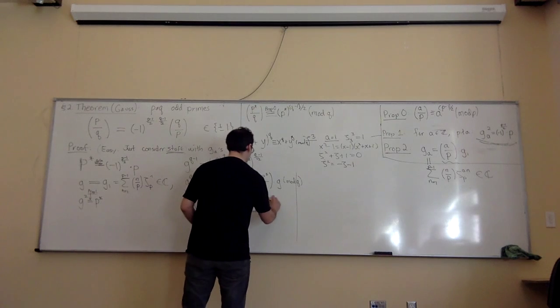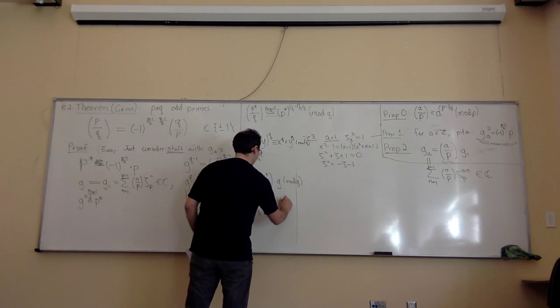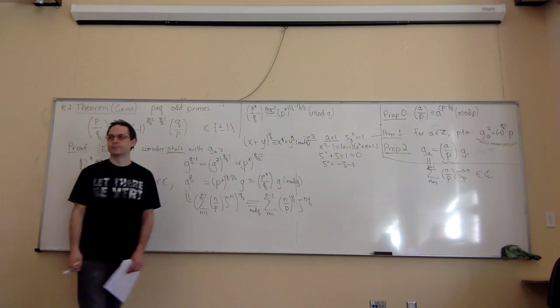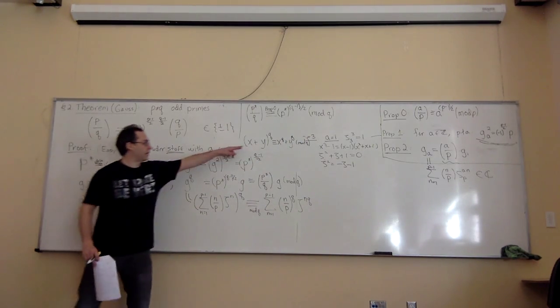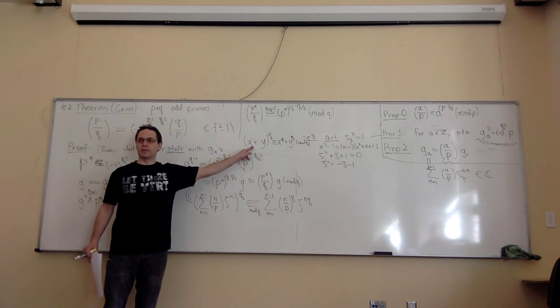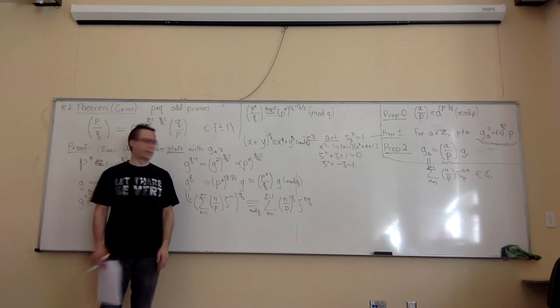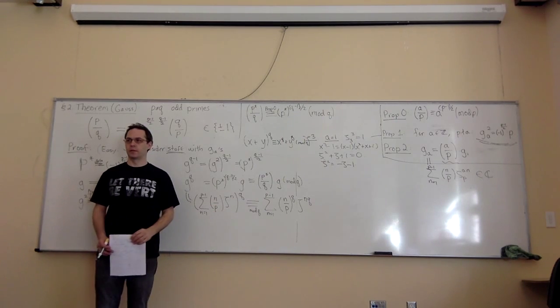Look, it's just the sum n equals 1 to p minus 1 of (n on p) to the power of q times zeta to the nq, right? I've just used exactly this identity, except with instead of 2 terms, I used it with p minus 1 terms, and I'm working modulo q. Okay?